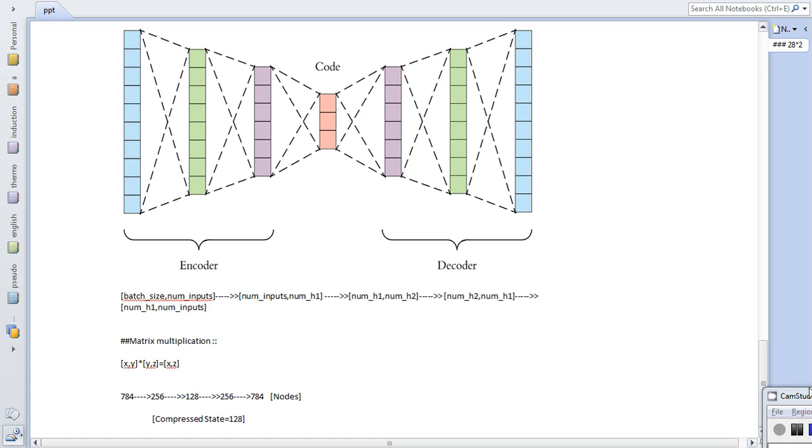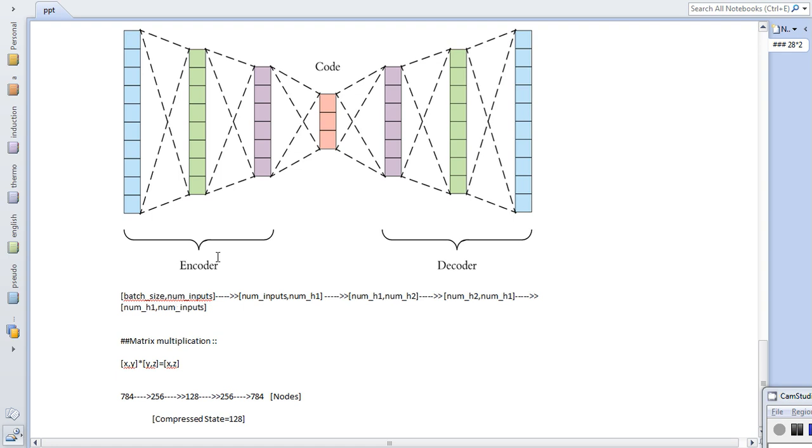So the feeding dimension to this neural network in TensorFlow will be batch size by number of inputs. The batch size can be 200 or 300 depending on your choice, and the number of inputs will be 784, since 28 by 28 is 784.